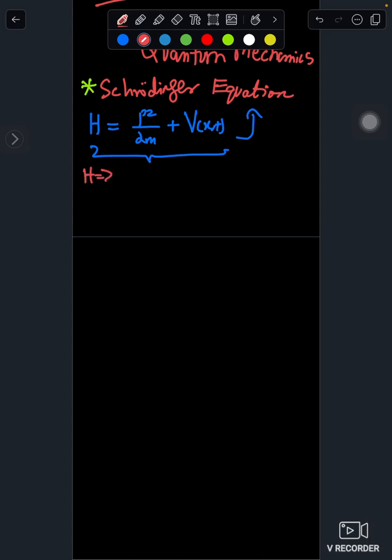H is the energy operator. P is the momentum operator. M is mass.